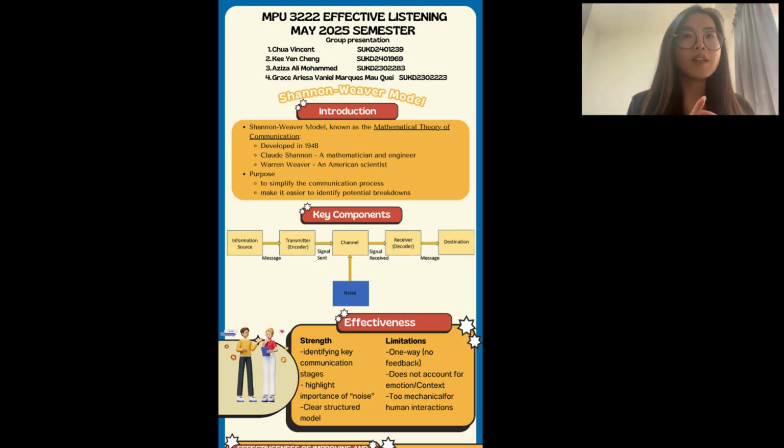Next is the receiver. This converts the signals back into a message that can be understood. And the last is the destination, which is the person or entity for whom the message is intended.